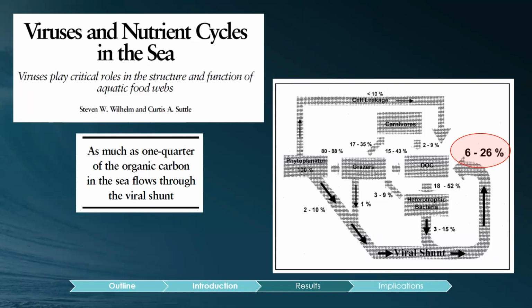They found that as much as a quarter of the organic carbon flows through the viral shunt, 6 to 26%. Nobody has since put actual numbers and rates on this. They used a handful of rates that we had back in 1999, and everybody still quotes these. That's 25%, very significant.